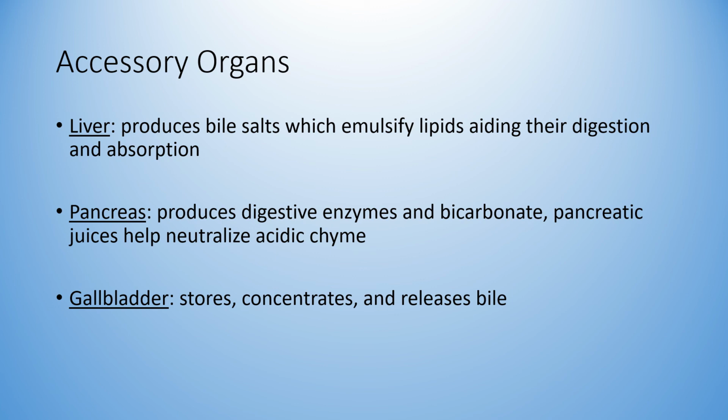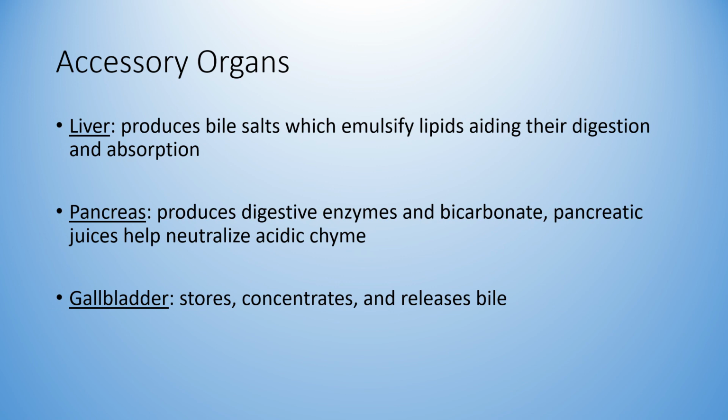Bile is necessary for helping to break down lipids. Now, a lot of people think the gallbladder makes the bile. No, the liver makes the bile and then stores it in the gallbladder. When the liver is making bile and you have excess, it gets stored in the gallbladder.